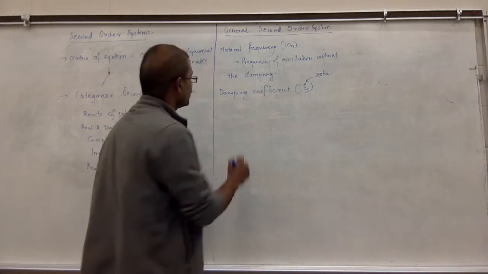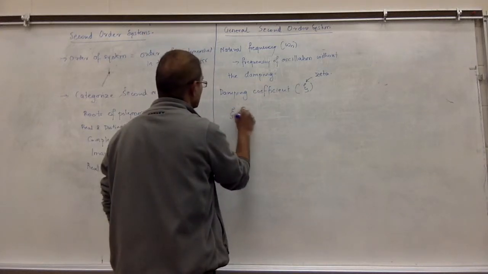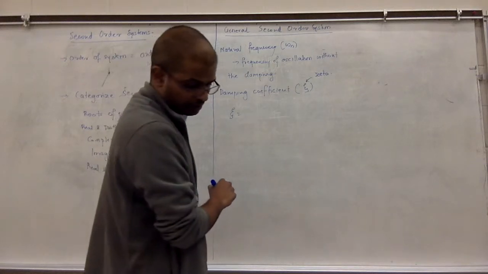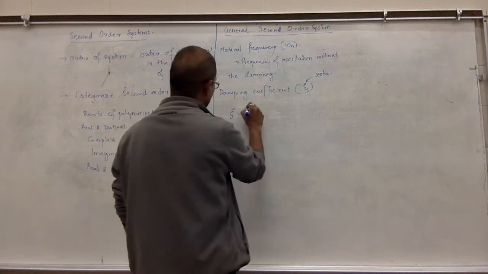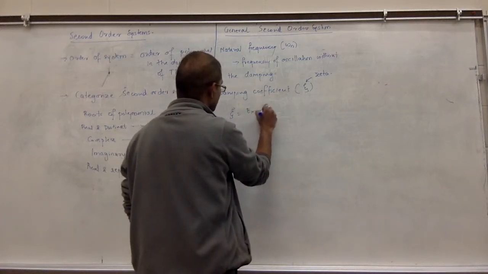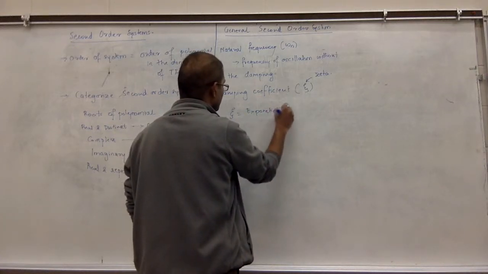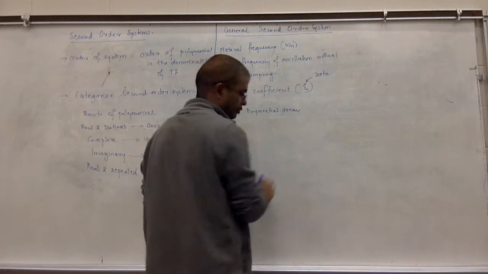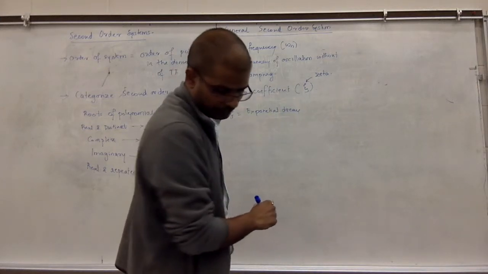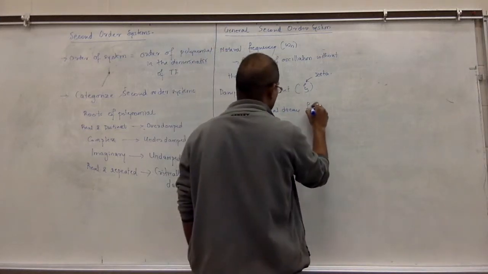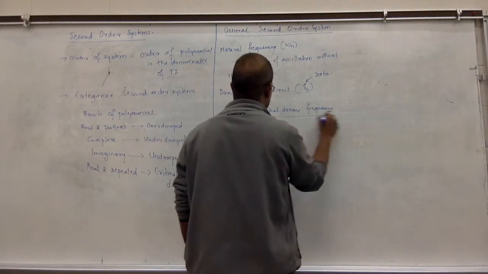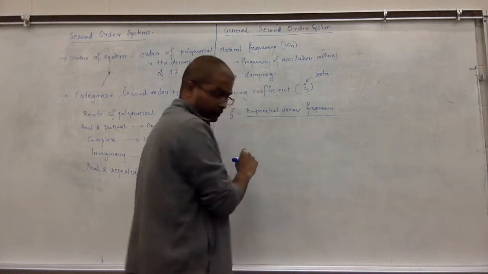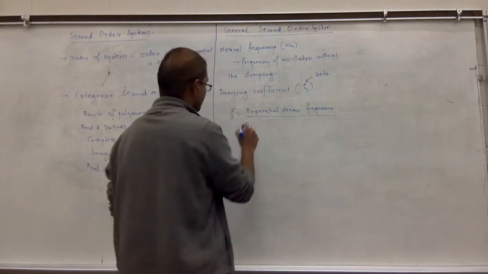So this zeta is defined as the exponential decay frequency divided by the natural frequency.